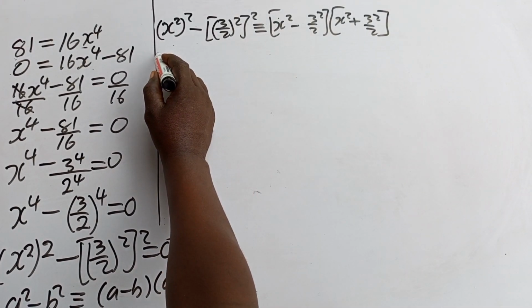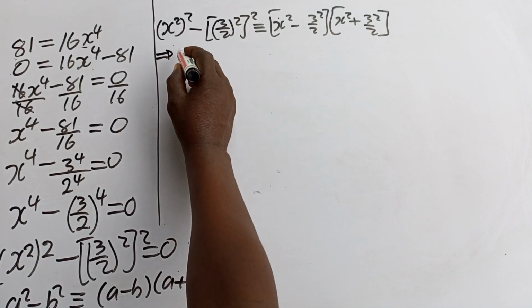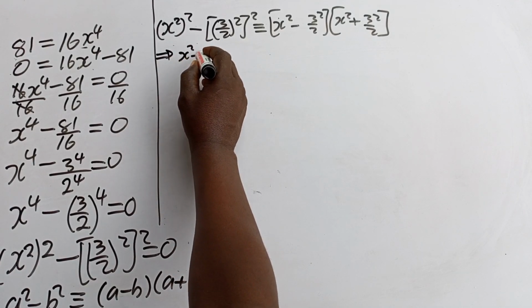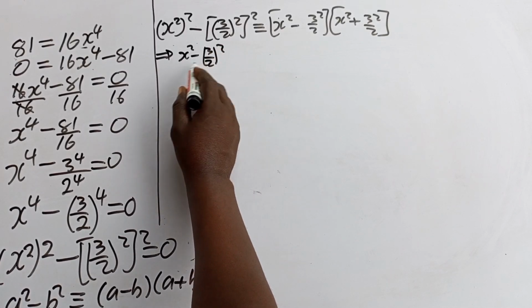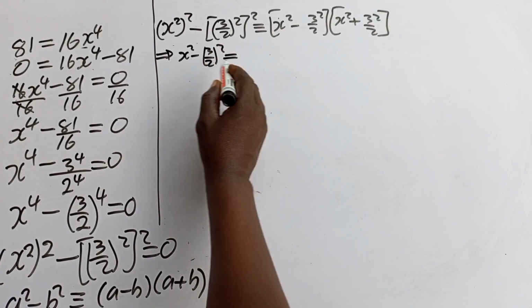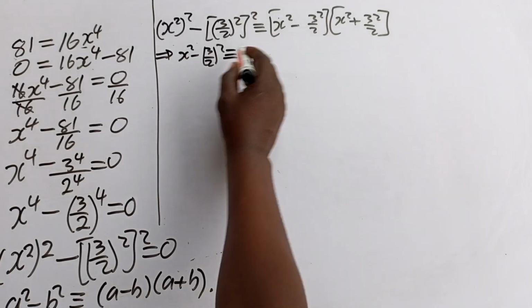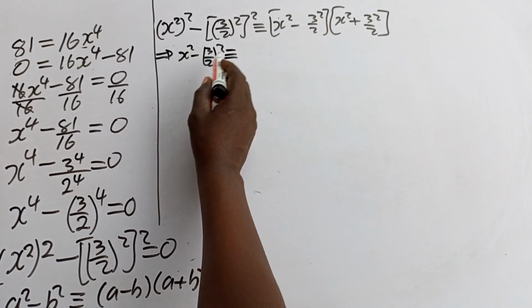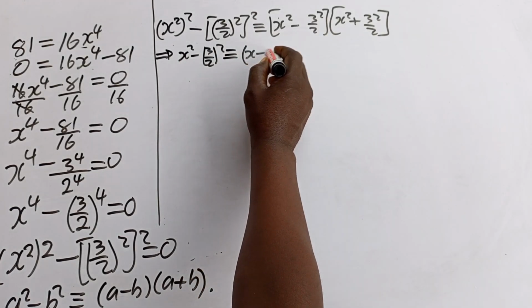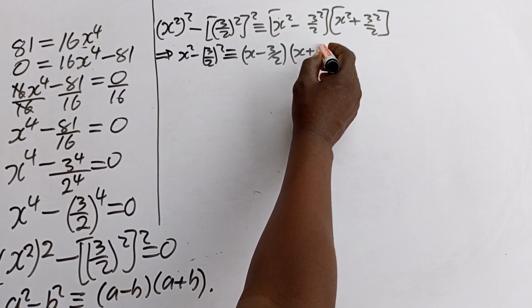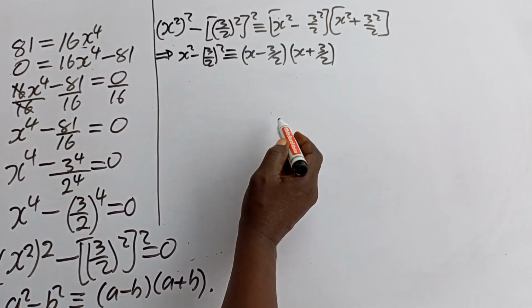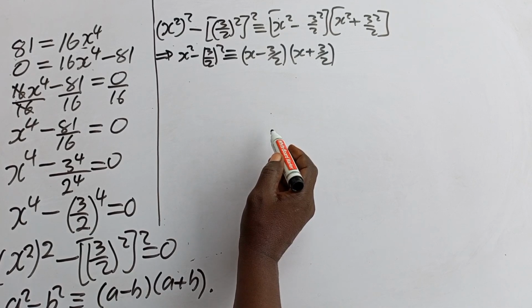Okay, so let's write this out here. We have x squared minus 3 all over 2 squared. This again is a difference of squares of its own. So if we use the identity of difference of squares, this x squared minus 3 all over 2 squared will be x minus 3 all over 2 into x plus 3 all over 2, using the difference of squares identities again.